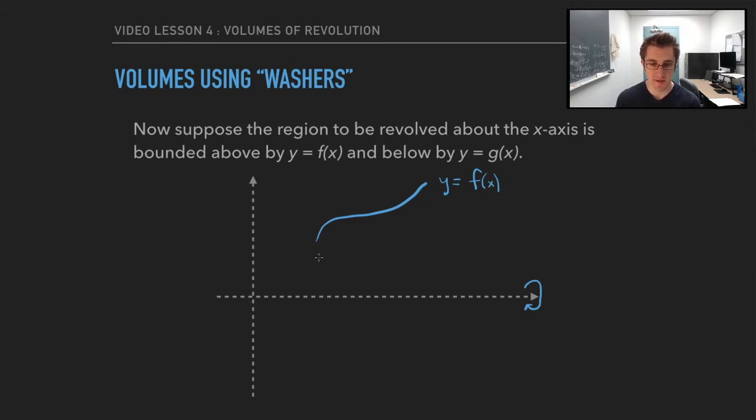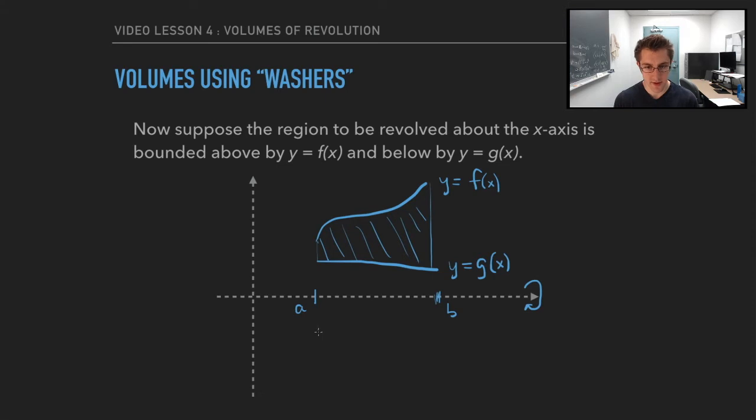Now I'm going to say I have some other curve, y equals g of x, that bounds my region below. So again, I'm going from a to b, and I'm taking this region here and revolving it around the x-axis.